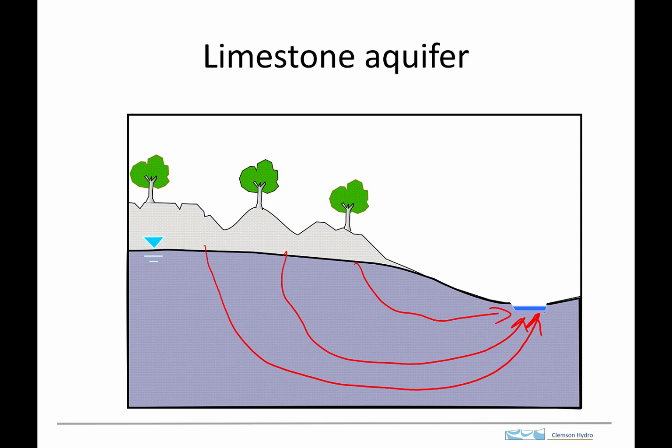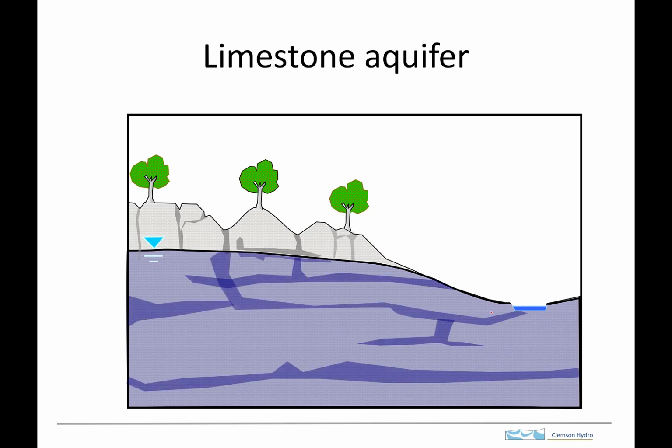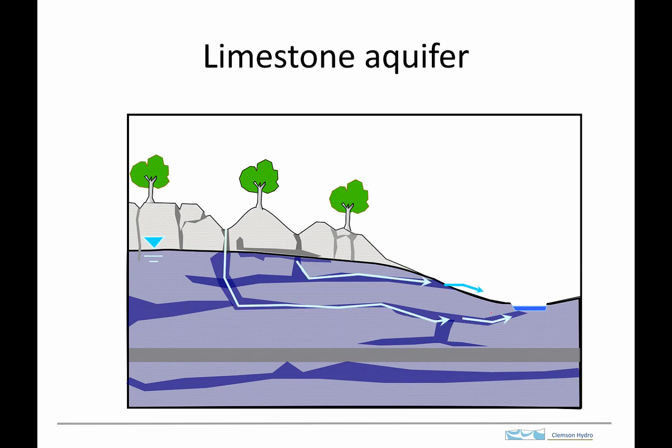We have this area where the permeability can be enhanced by dissolution to a very large degree, and so that flow system ends up being modified by these conduits, but the overall dynamics still want to be somewhat like what we saw, except they're modified by the presence of these conduits.